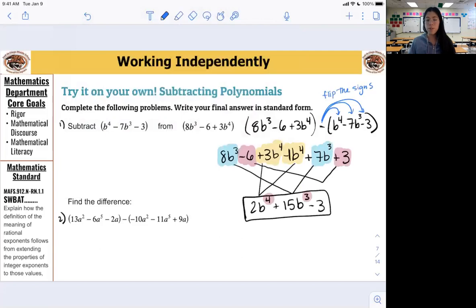So in number 2, am I going to switch them around or write them any differently? No, this one's already given. It's just saying find the difference. So when it's already written out as a subtraction problem, you just go right ahead and you distribute the negative first.